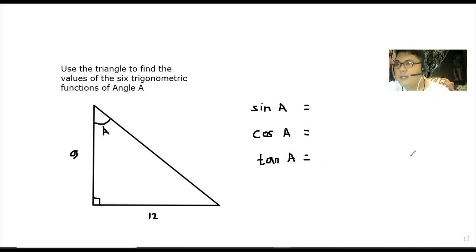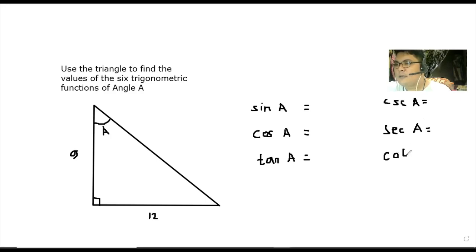And then the other one, of course, is we have cosecant A. Walang siyang isolve, no? Okay. And then this one is secant A. Okay. And then we have cotangent.